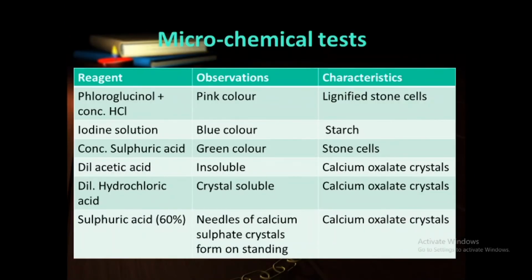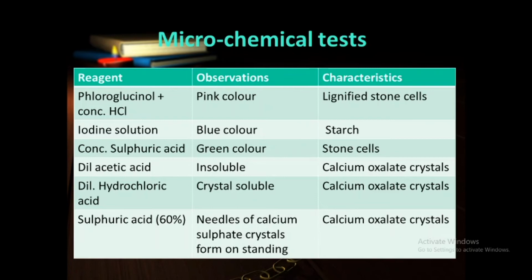Just see the various microchemical tests. Now this Kurchi bark contains calcium oxalate crystals, so the general microchemical tests for calcium oxalate crystals are the same. The lignified stone cells present in the cortex region show a pink color in presence of phloroglucinol and concentrated HCl. Starch is also present, so the starch shows a blue color in presence of iodine solution.